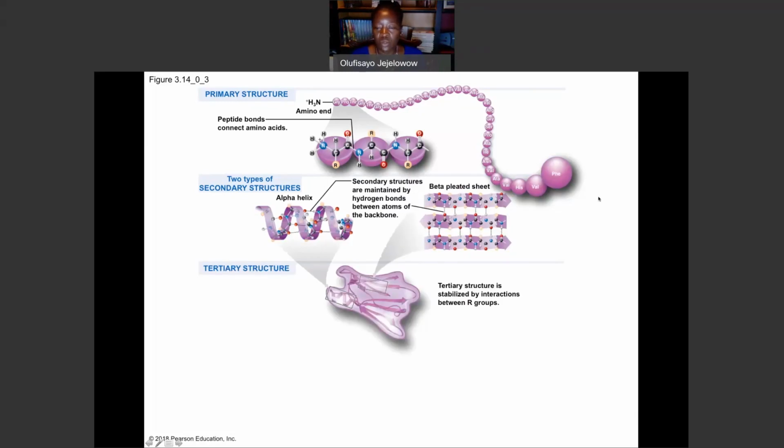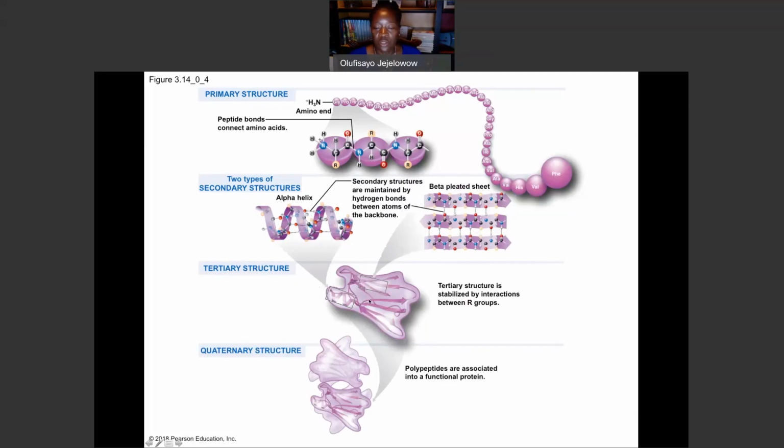Then in the tertiary structure, the R groups interact with one another, winding the molecules into a more globular shape. And then the quaternary structure, different tertiary structures can come together. In this case, it's 1, 2, 3, 4 coming together to make a functional protein.